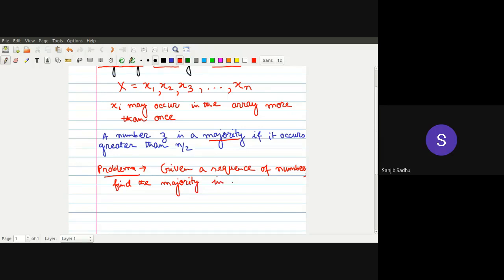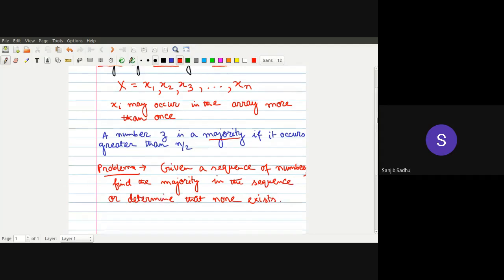Sequence means array. In the sequence, or determine that none exists, because in an array there may not be any majority element.